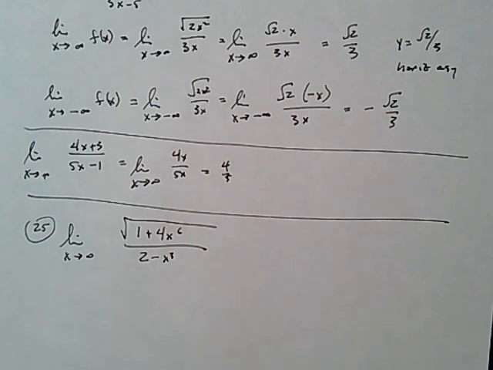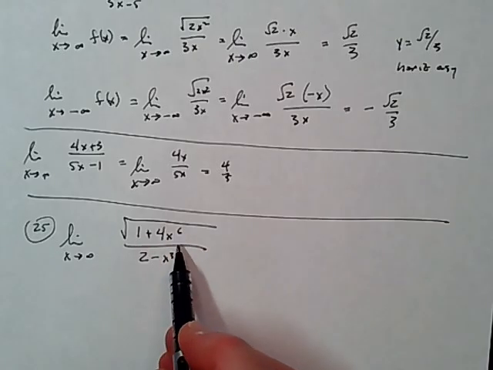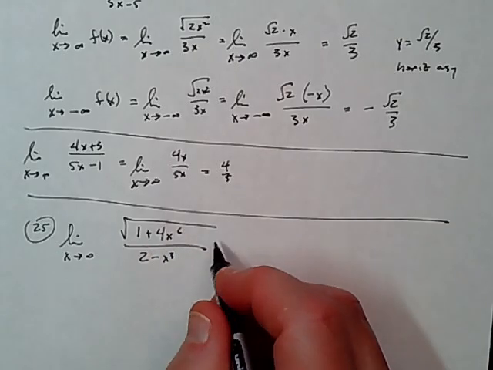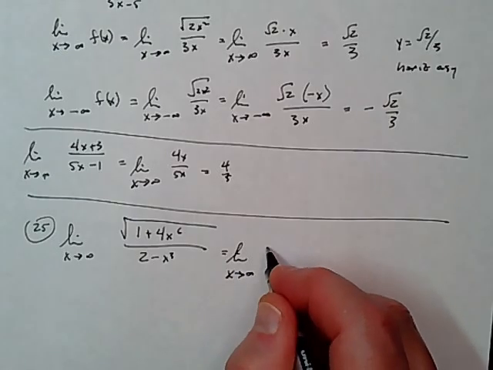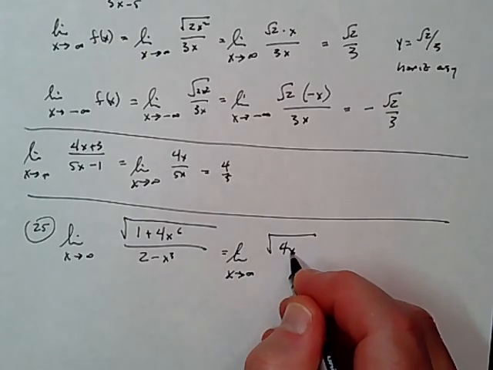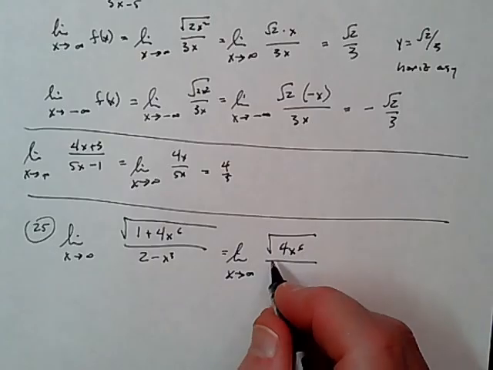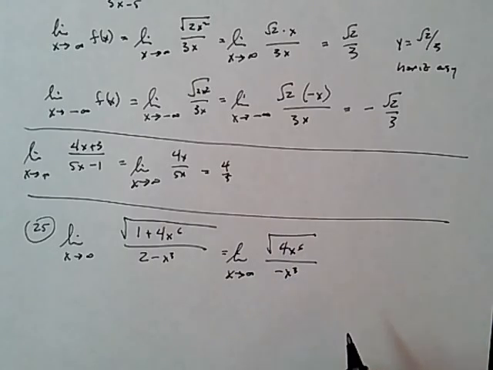Okay. So as x goes to positive infinity, paying attention only to the leading term in this polynomial, I'm looking at the limit as x goes to positive infinity of the square root of 4x to the 6th. And on the bottom is minus x cubed.